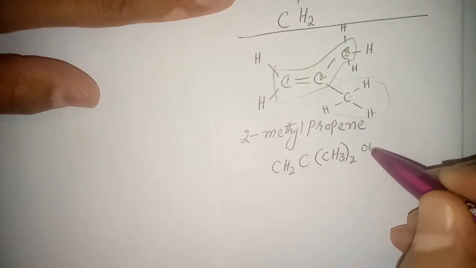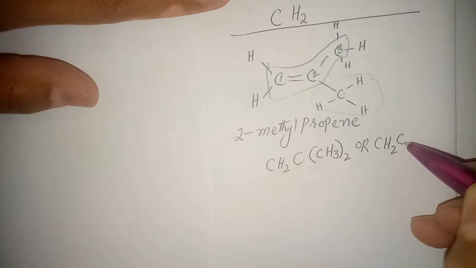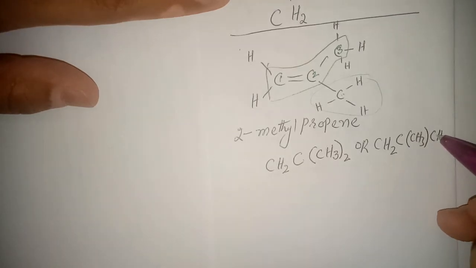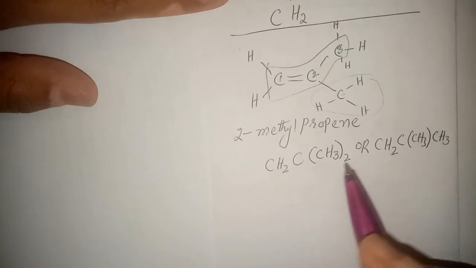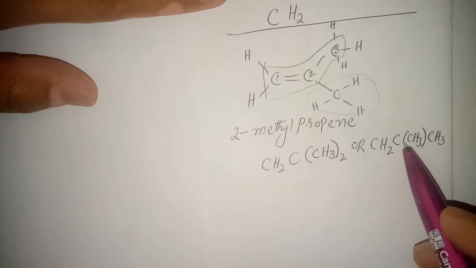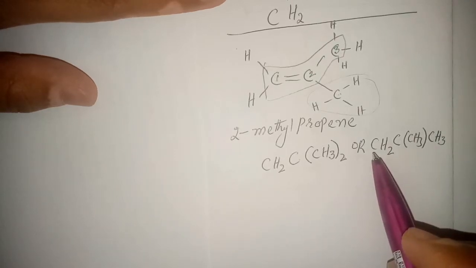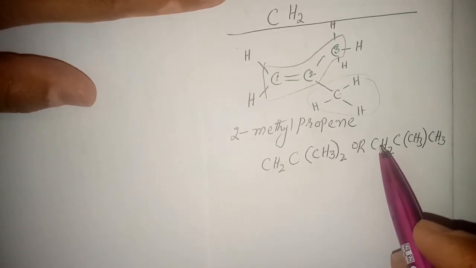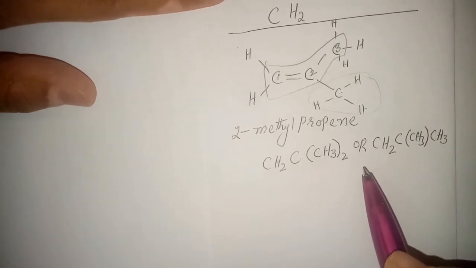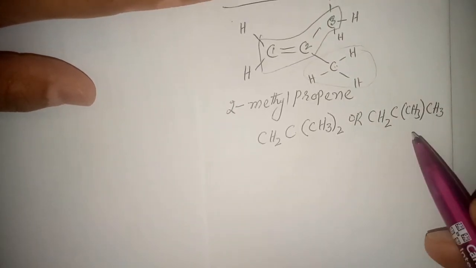Or we may write this structural formula as CH2C, we write the bracket CH3, and then outside the bracket we again write CH3. It shows that this carbon is connected to a CH3 group on one side, and on the other side there is another CH3 group. So both formats are acceptable, and you have to notice this, so that if in the exam you find any type of structural formula, you can recognize it clearly and easily.